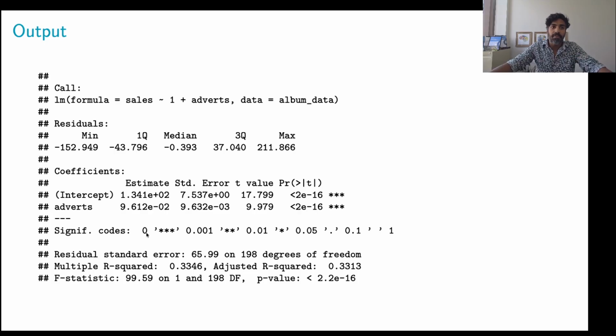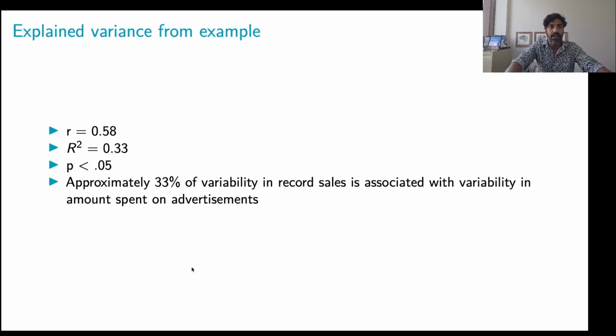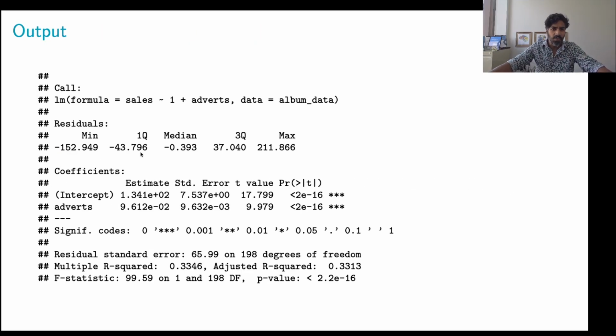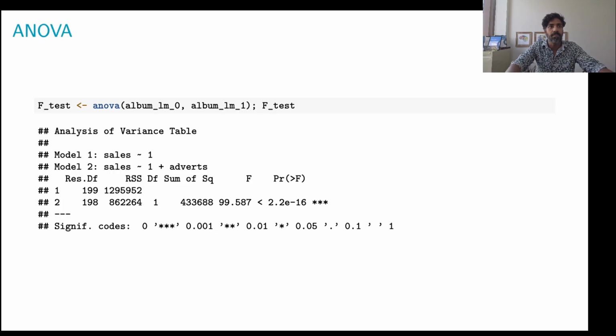We'll come back to those numbers in a moment, but what I want to pull apart here for you is multiple R squared, which is the 33%. That's where that comes from. The R squared is equal to 0.33. We'll talk about adjusted R squared a bit later. And the F statistic, we'll talk about that later as well. But I just want to orientate you with where all these numbers come from.